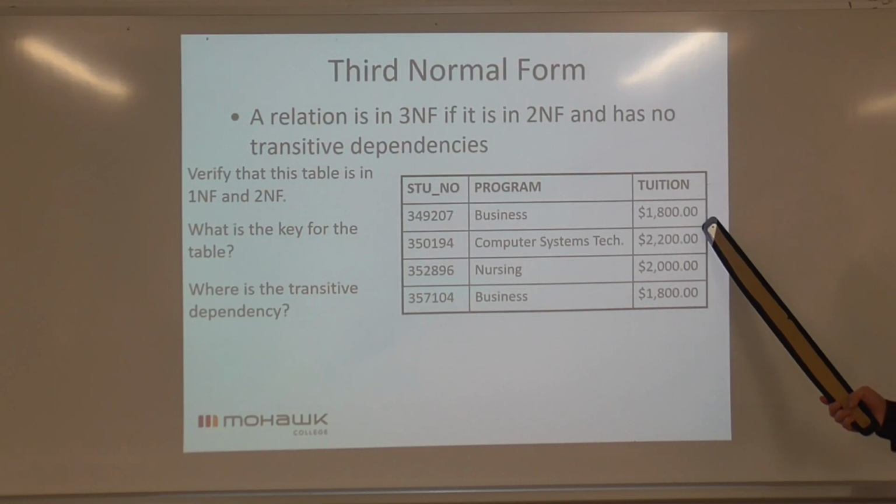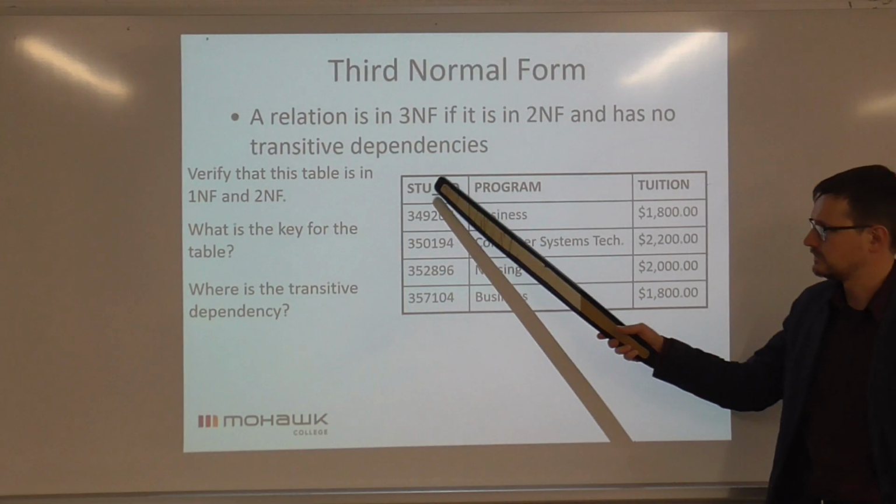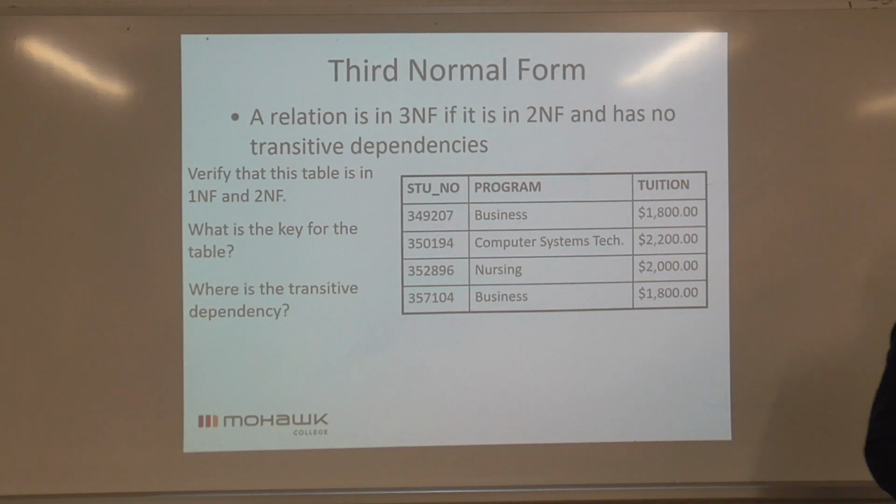What is the key in this table? Student number. What is tuition dependent on? Right, in this table at least. I would say if you have an international student and a domestic student, they have two different tuitions for the same program, but it's not quite in this table.